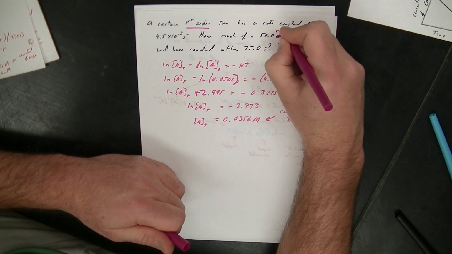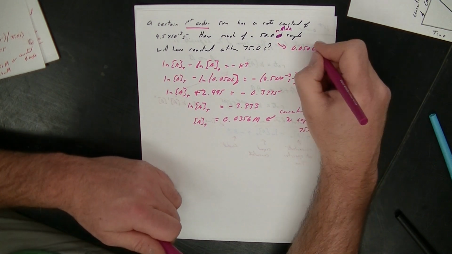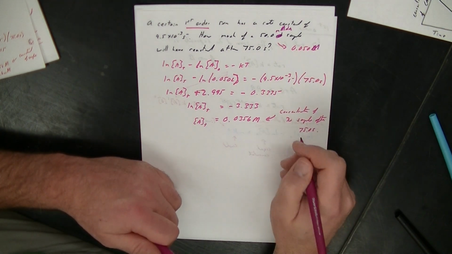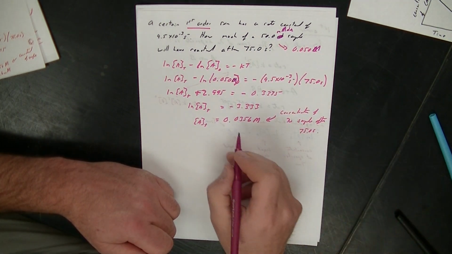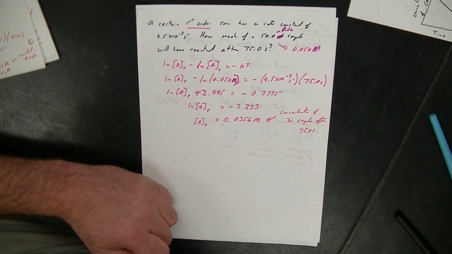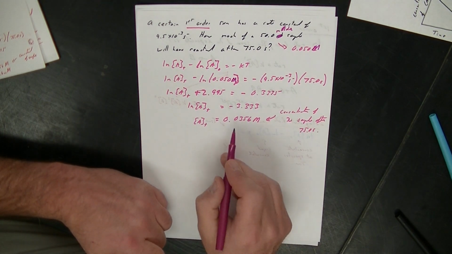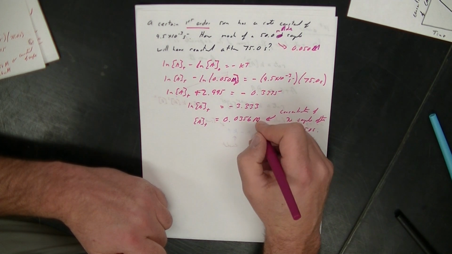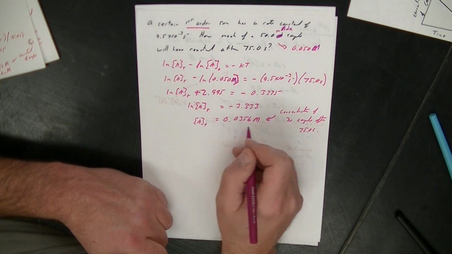This is supposed to be millimolar, which turns into a 0.050 molar solution. So that's a 0.0356 molar solution. So this is our concentration after 75 seconds.